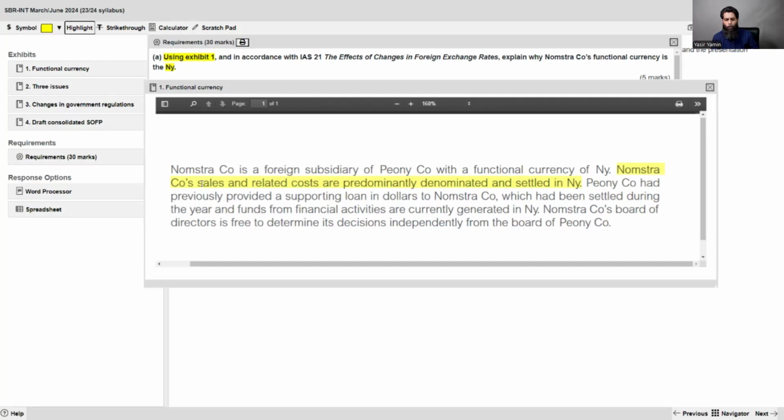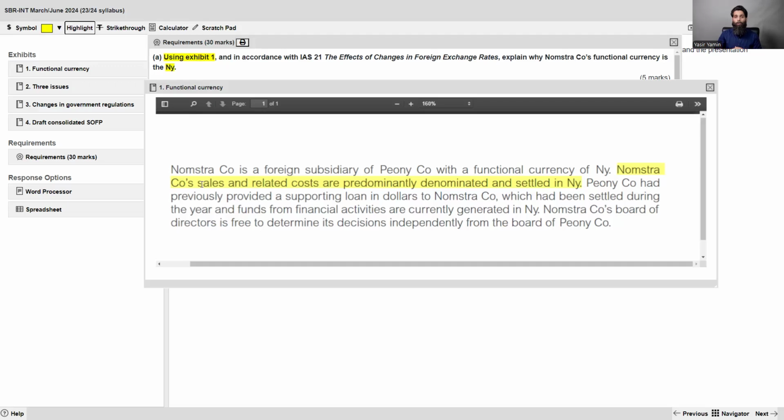Can anybody tell me what this line indicates? In what area of IAS 21 will this particular line help? Can any one of you tell me? What area does this pertain to? Sales and related cost. And yes, these are primary factors.